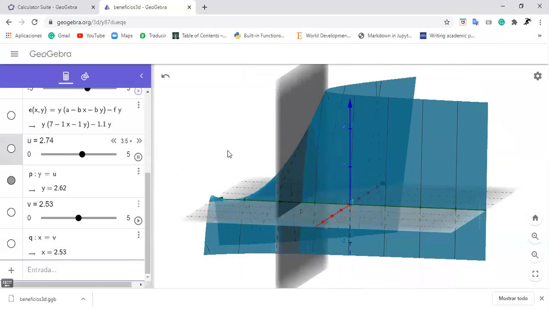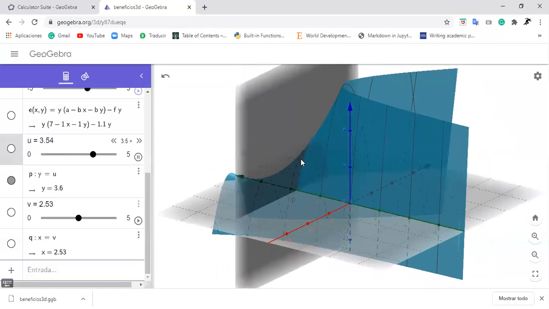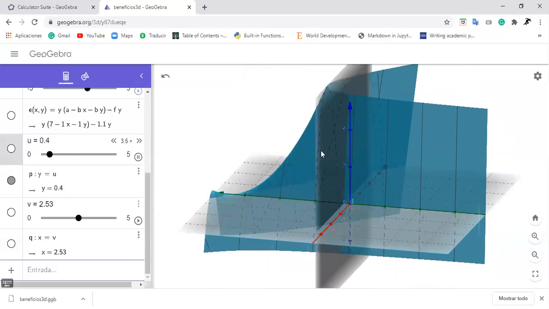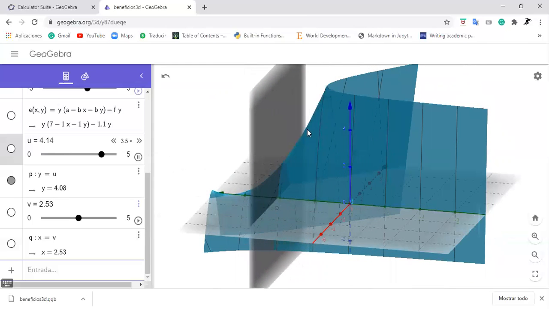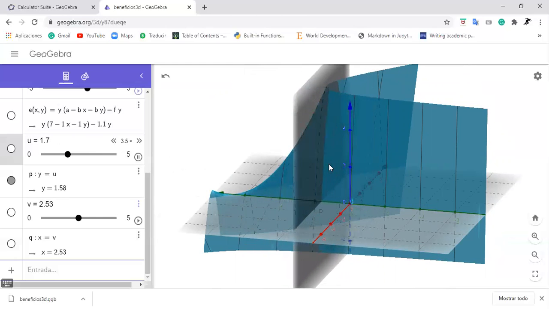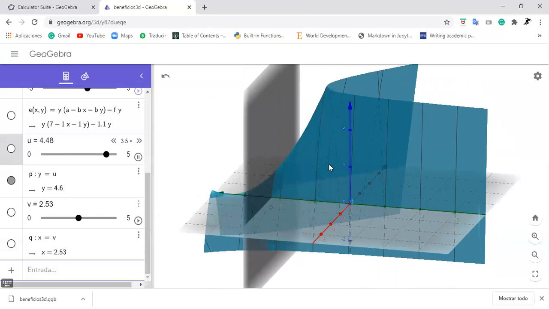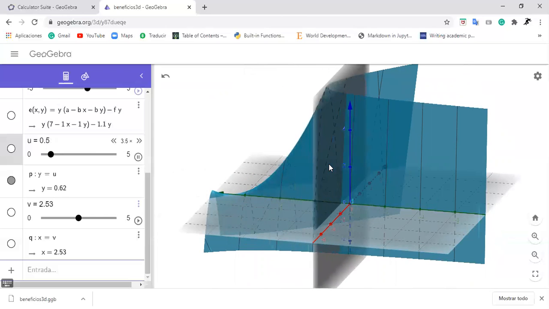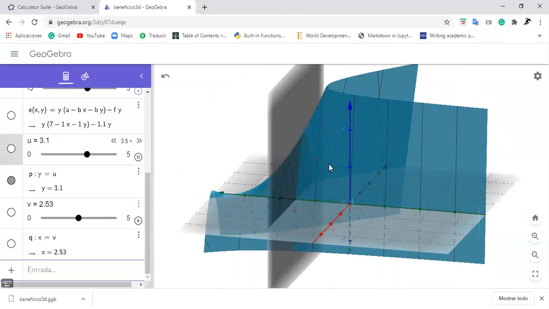So this gray plane is sliding this blue surface at different levels. Each slide is a level where firm number 2 is fixing its amount produced.